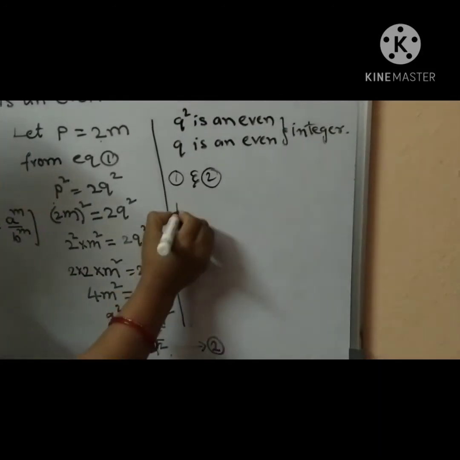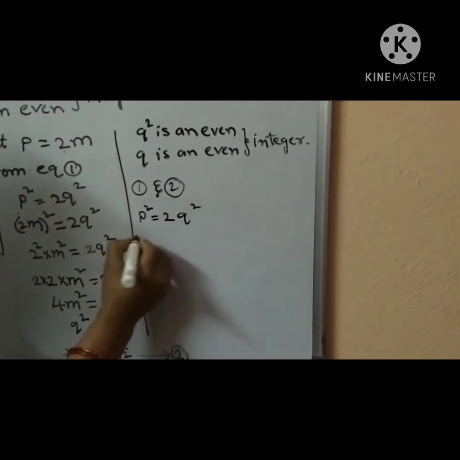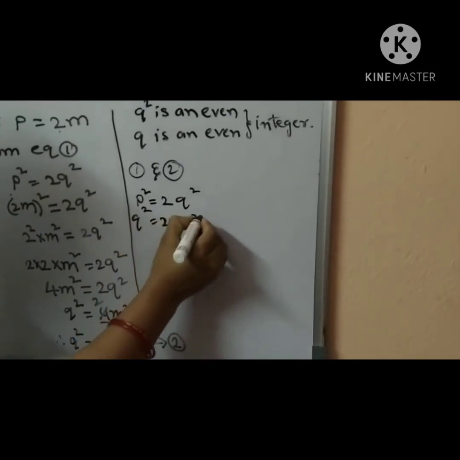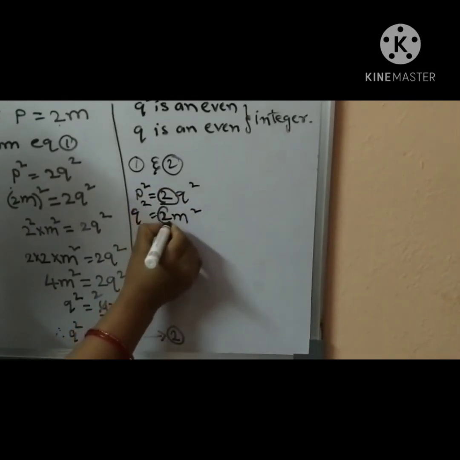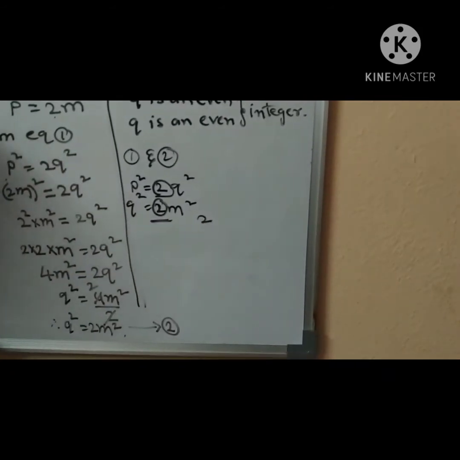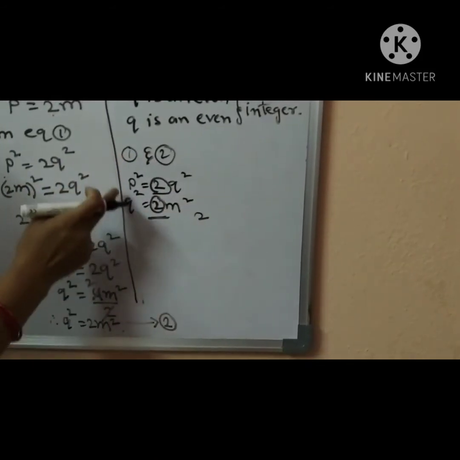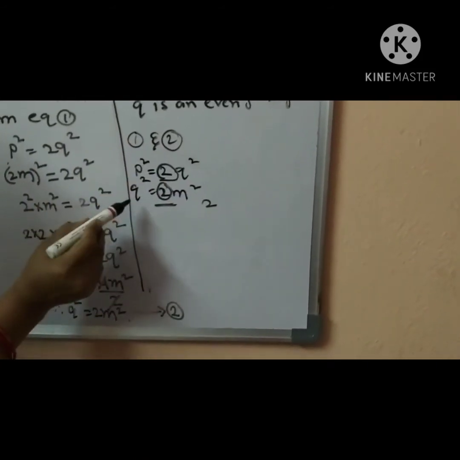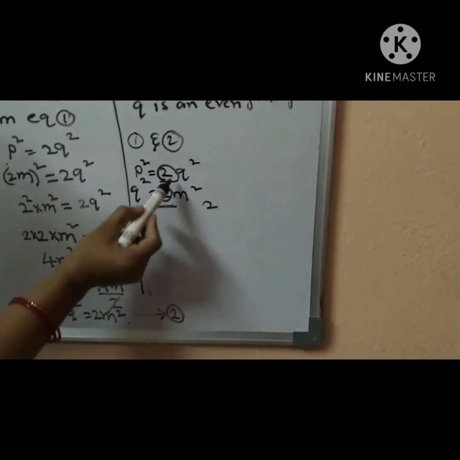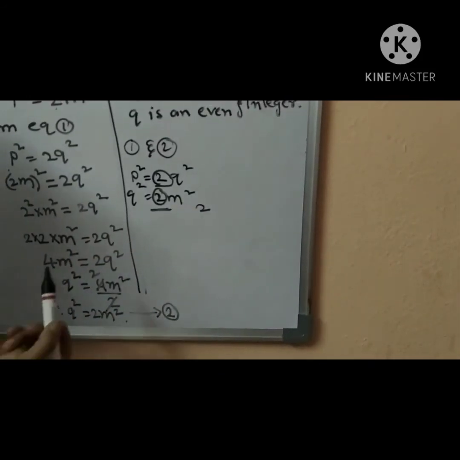For example, p square equal to 2q square and q square equal to 2m square. So in these two cases the common factor is 2. Did you understand children? From equations 1 and 2, p square equal to 2q square and q square equal to 2m square, the common factor is 2.